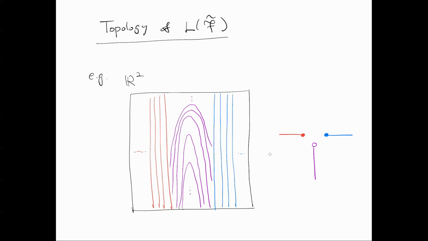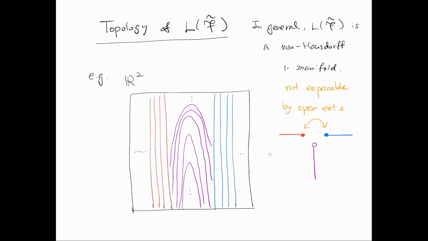If you take any open neighborhood of red and any open neighborhood of blue, they contain infinitely many purple lines in common. The neighborhood of red will be an open interval which contains the red dot in the interior, and the open neighborhood of blue is an open interval which has the blue point in the interior, but both of them will contain infinitely many points in the purple part.